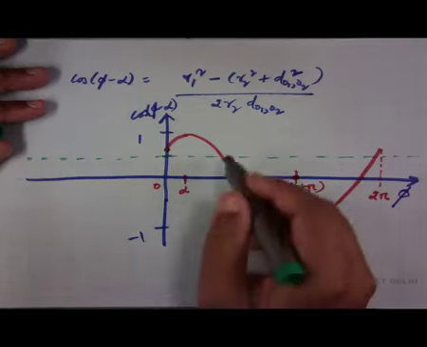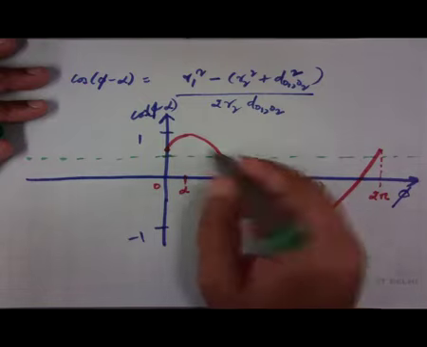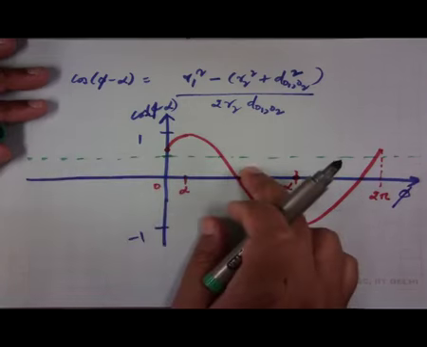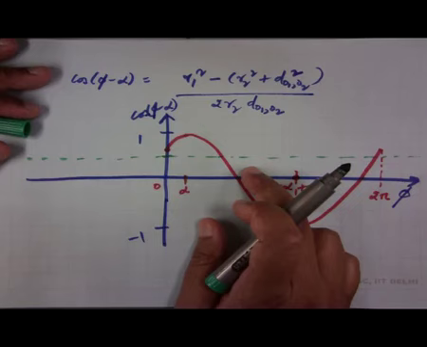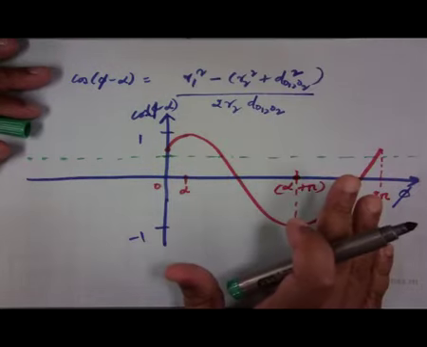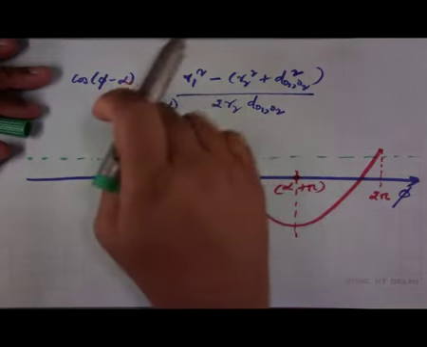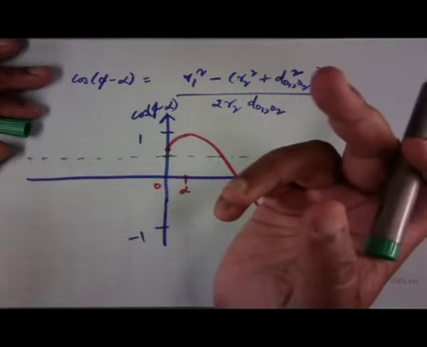So, the places where this green dotted line is going to cut the curve for cos of phi minus alpha are the solutions, because this green line is geometrically the equation of the line y equal to this value for this graph. Obviously, wherever this green line cuts the curve, these two values will be equal.